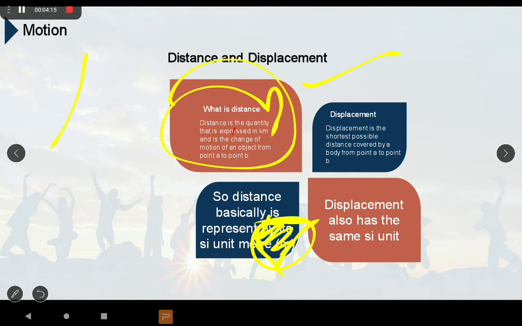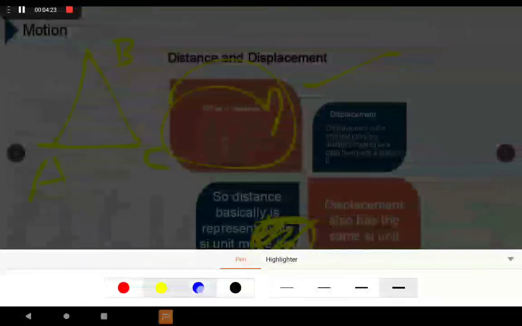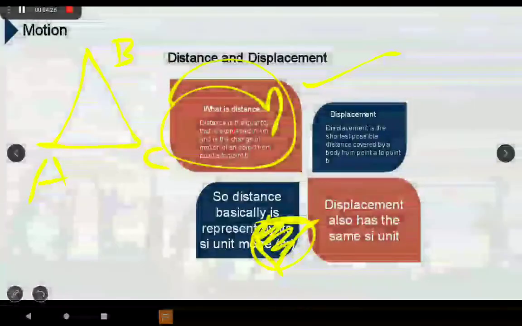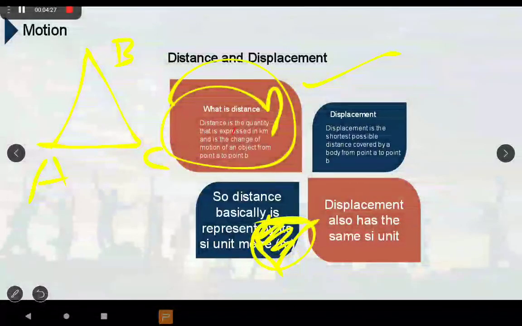Let's take a triangle. This is point A, B, C. Let's take the name of a student whom I teach. Raman. Yeah.